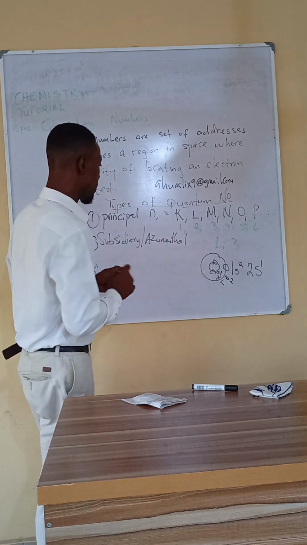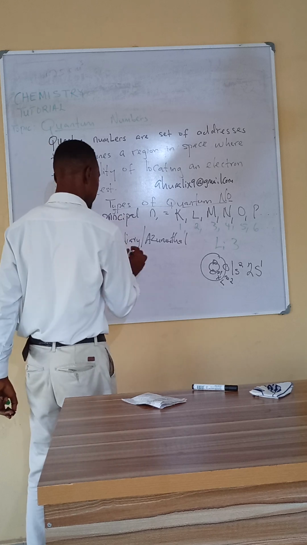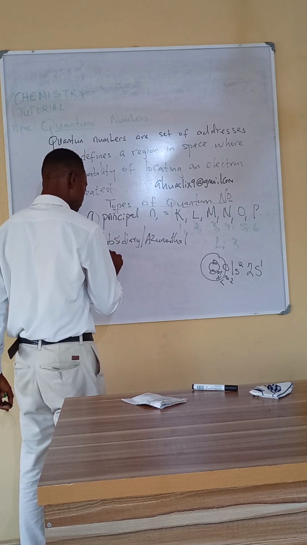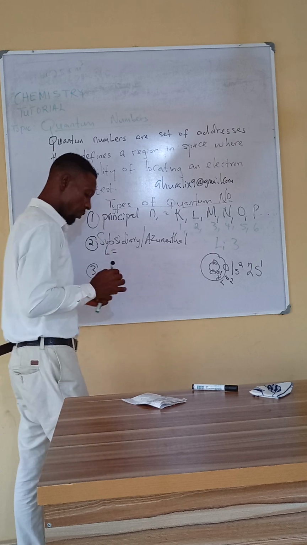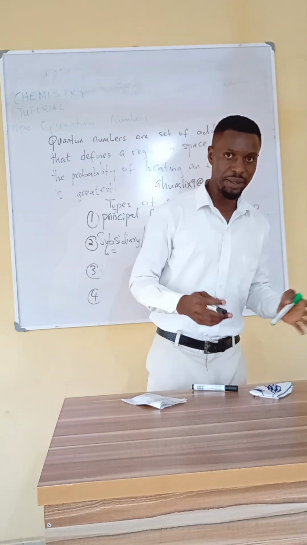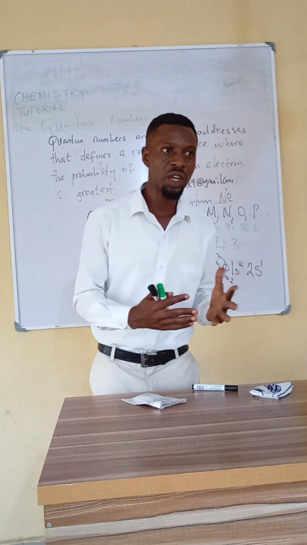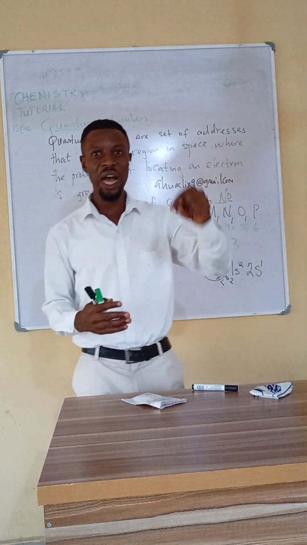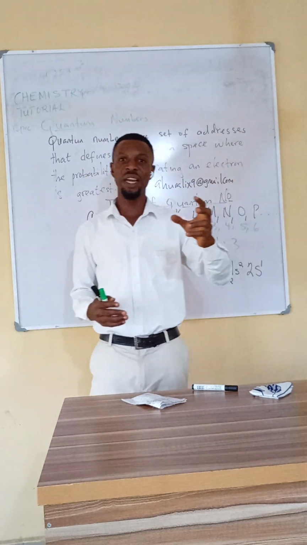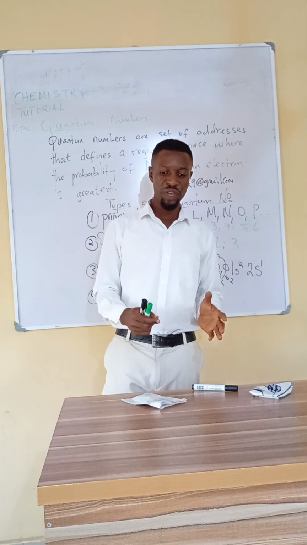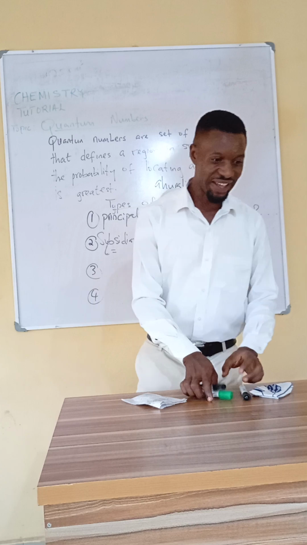The azimuthal or subsidiary quantum number is designated by lowercase l. And what is its work? Basically, the azimuthal quantum number talks about the particular orbitals in which you can locate this electron in an energy level.